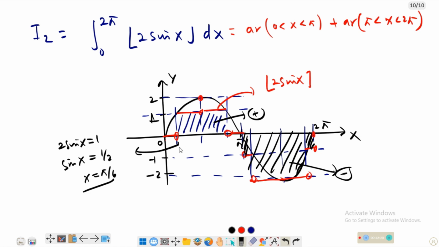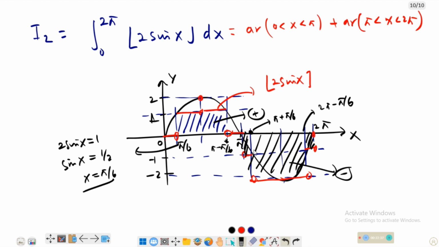So this point is pi by 6, this point is pi minus pi by 6, this point is pi plus pi by 6, and this point is 2 pi minus pi by 6.